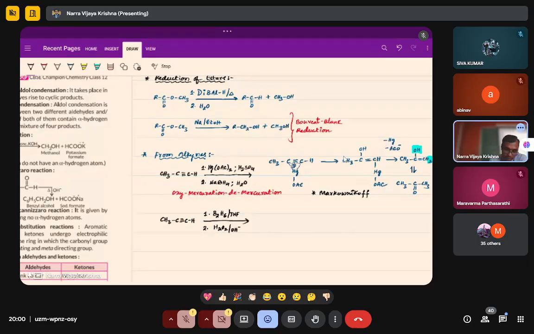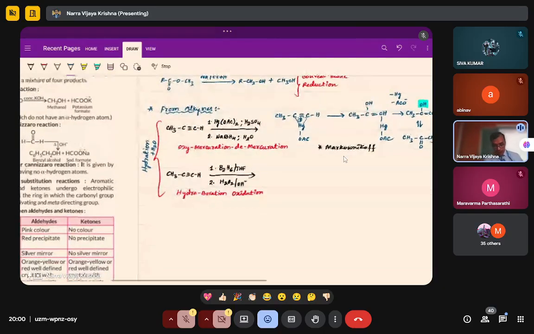We call it the hydroboration oxidation reaction, the HBO reaction. Right? In both cases, what are you adding? In both cases, I am adding H2O only. That's why both are examples of hydration reactions, meaning addition of water.